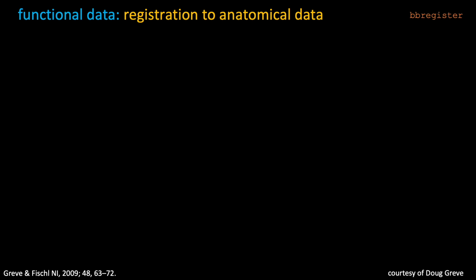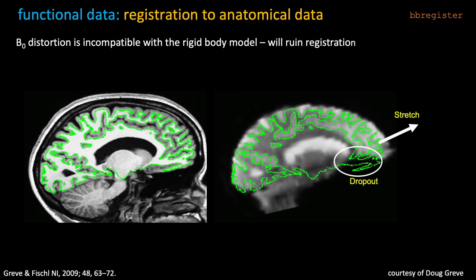Another thing that we can do in BB Register is to help with our distortion problem. So B0 distortion is incompatible with the rigid body model. You have the stretches and the nonlinear stuff going on, and so it has a high potential to ruin our registration.